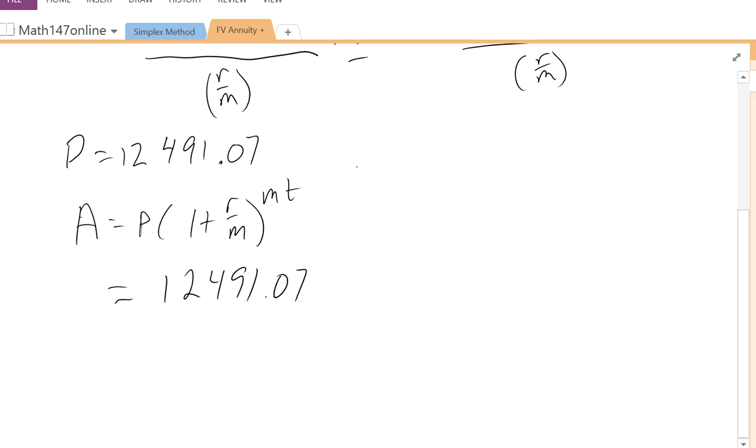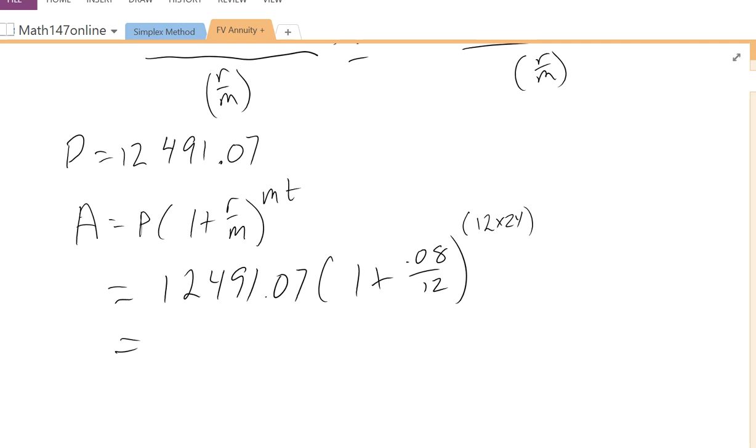And so I'm going to put that in as the P. The interest rate remains 8% annually, or 0.08 over 12 would be your monthly rate. And we're going to do that for 24 years. So I'm going to do 12 times 24 up there in the exponent. And then we just need to do the calculations.